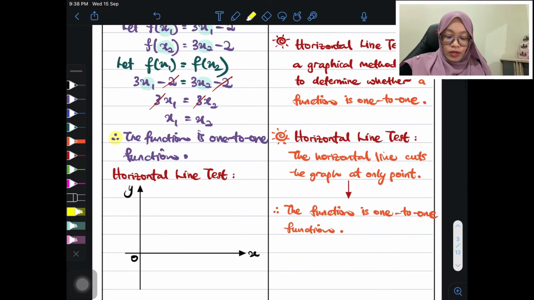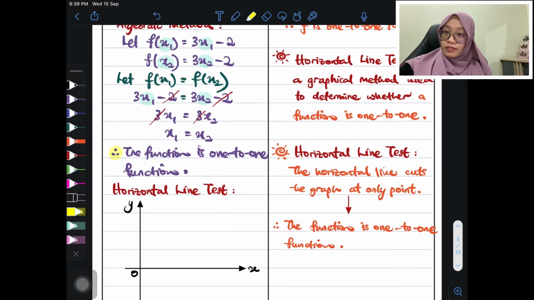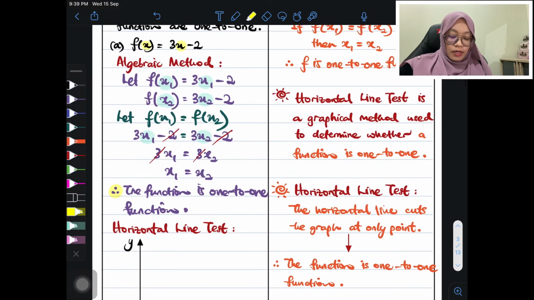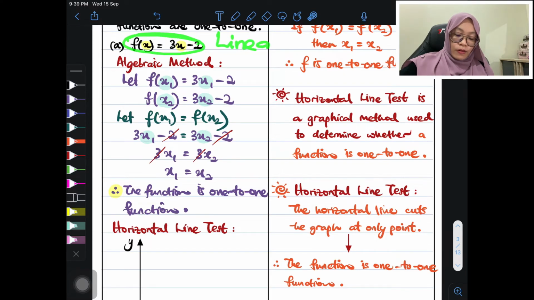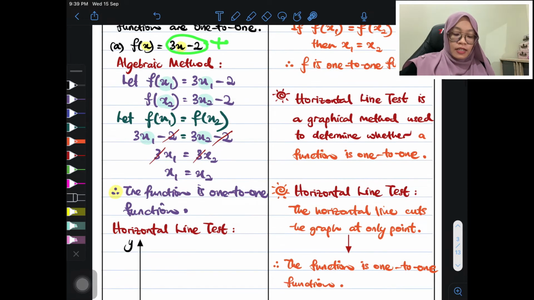Okay, now let's do the horizontal line test. Miss, how do you draw this? This is very easy, my dear. This is what we call a linear graph. This is a linear graph because I know this is a linear function. Which linear function, positive or negative?